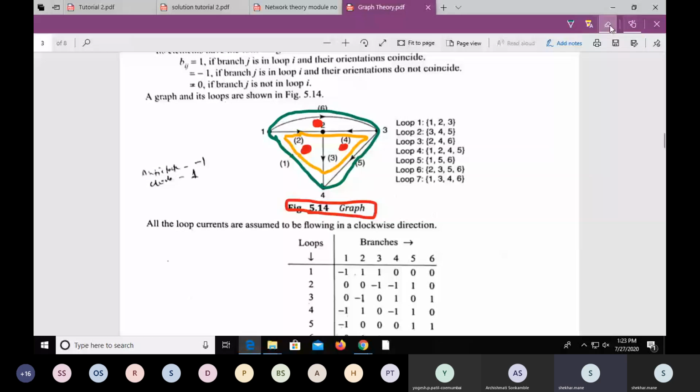I'll use a different color, green. So it is 2, 3, 5 and 6. This is also one possible loop. And then loop number 7 is 1, 3, 4, 6.